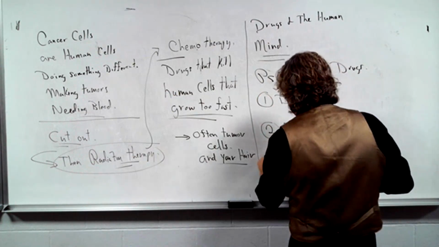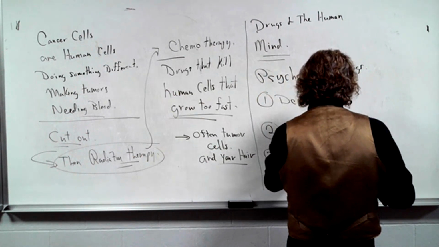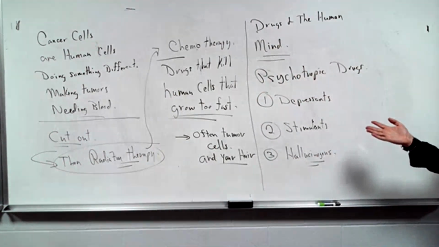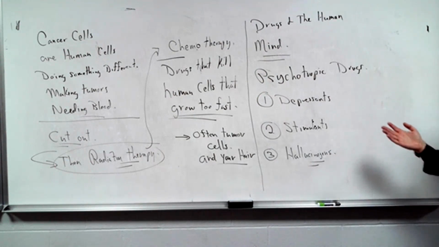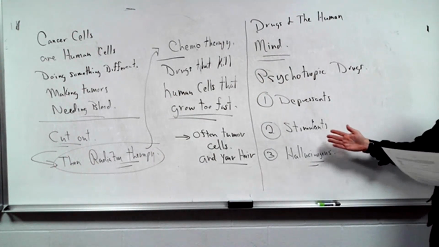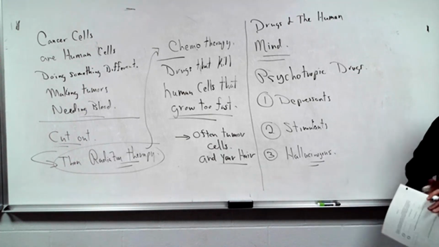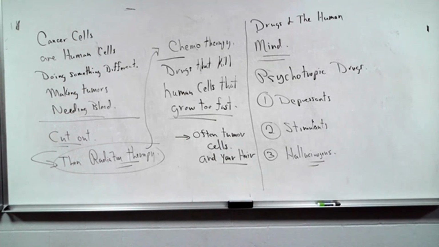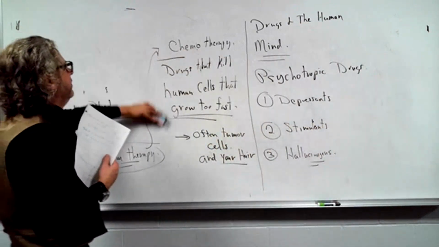And type 3, hallucinogens. Talk about the different ones. Depressants reduce the level of consciousness. Stimulants increase the level of consciousness, and hallucinogens alter the level of consciousness to where you perceive things different than perhaps they are. So let's start with depressants.